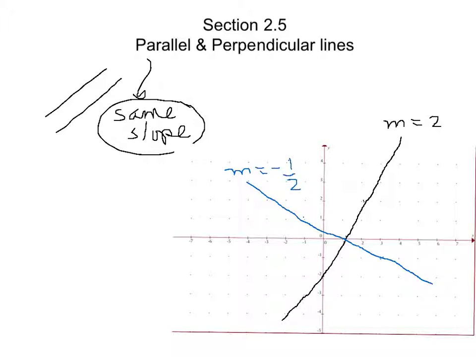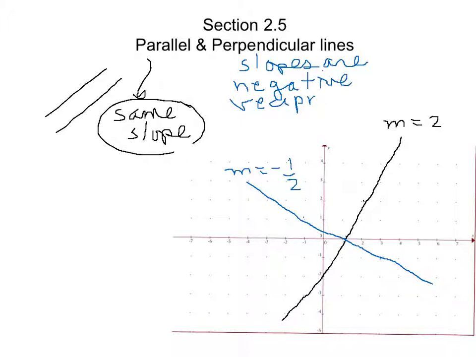So that's not really a proof, but what it suggests is that if two lines are perpendicular, the slopes are negative reciprocals. In other words, if the slope is 2, then the negative reciprocal is minus 1 over 2.